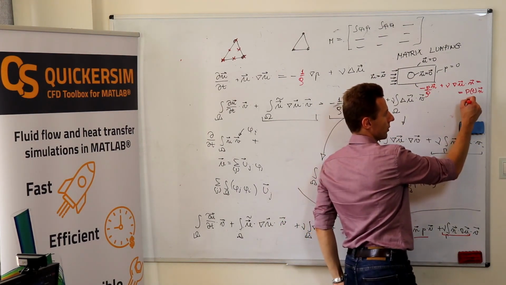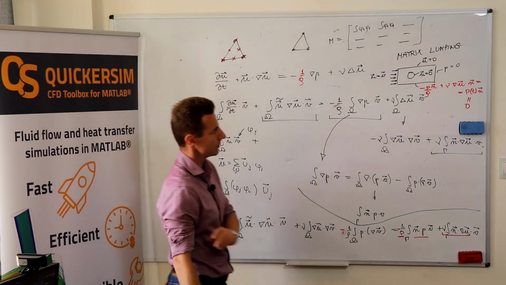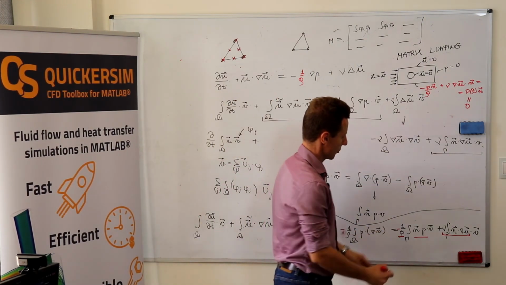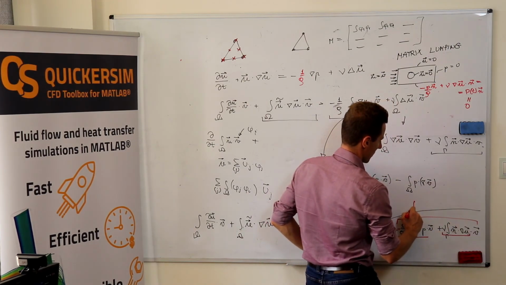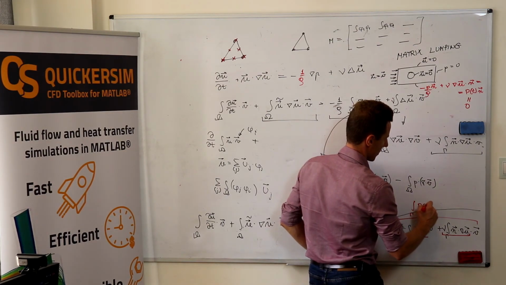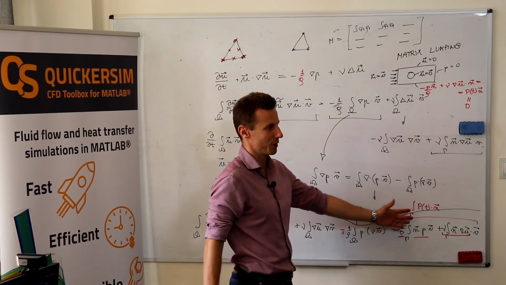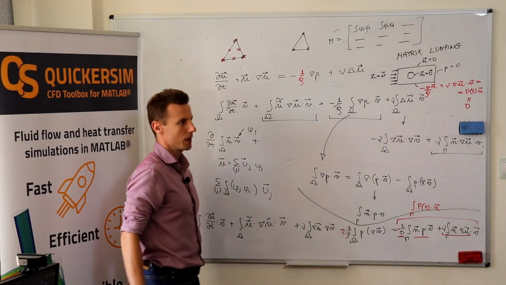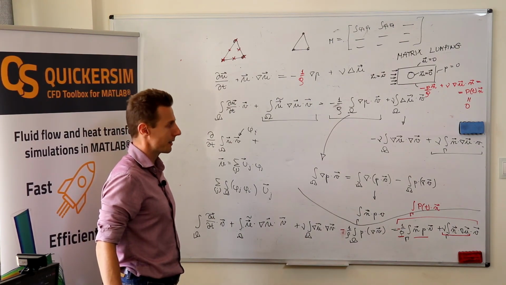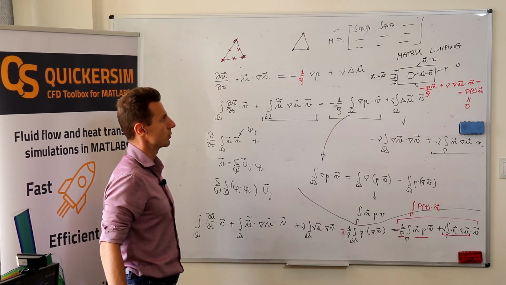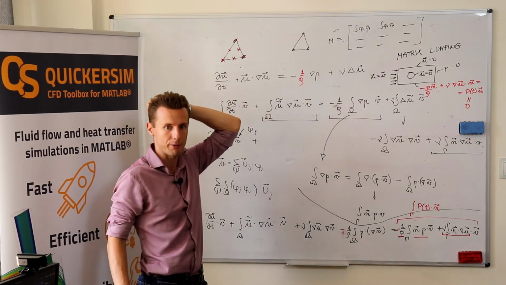So if you want to have zero average pressure at the outlet, and you replace this by zero, what do you need to implement? Nothing. You don't need to implement anything to apply the outflow boundary condition for the Navier-Stokes problem.